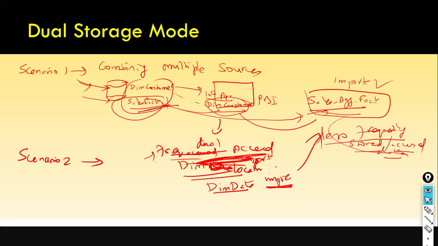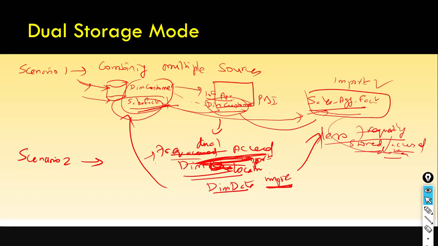Both of them use import mode, whereas you need to join this table with the sales fact table also. For example, they wanted to see the last 5 days' sales, at the transaction level. So in that kind of situation, to create that report, you need to join these two tables.